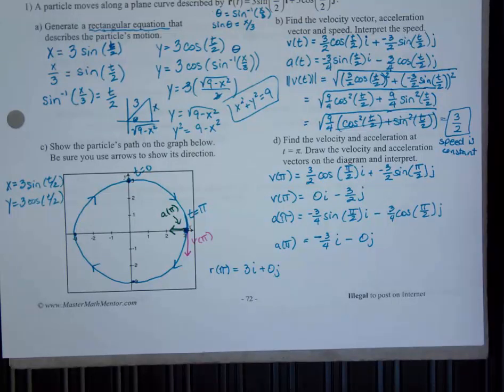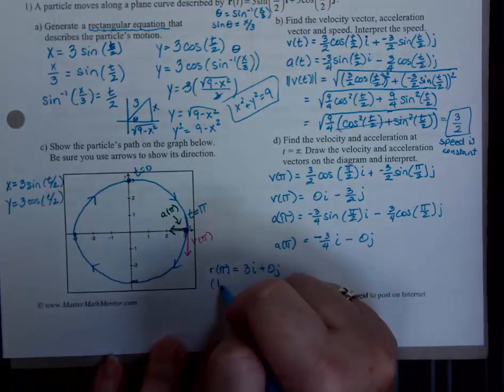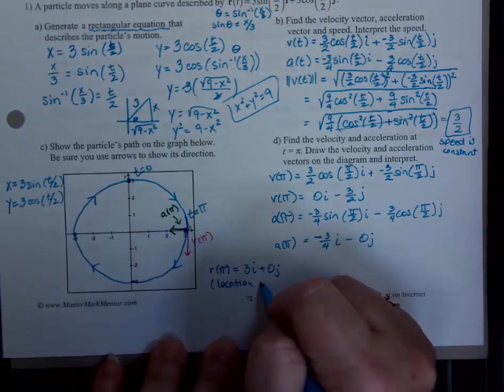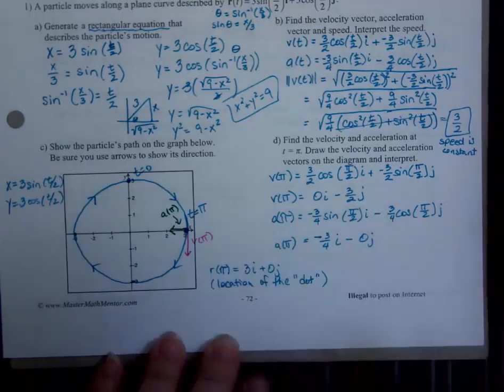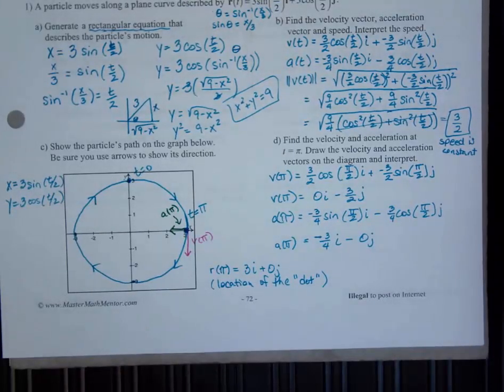You plug pi into the original equation, and that's the location of the dot. Do you follow what I'm saying? So this is the location of the quote dot, end quote. That's where the vectors are going to go. You plug it into r to find out where the vectors go, and then you plug it into v to make the velocity vector, plug it into a to make the acceleration vector.